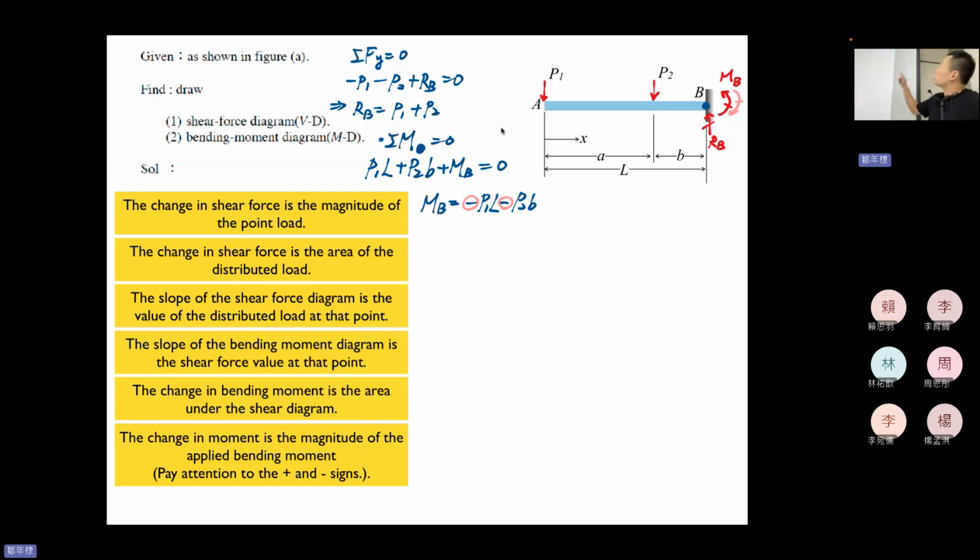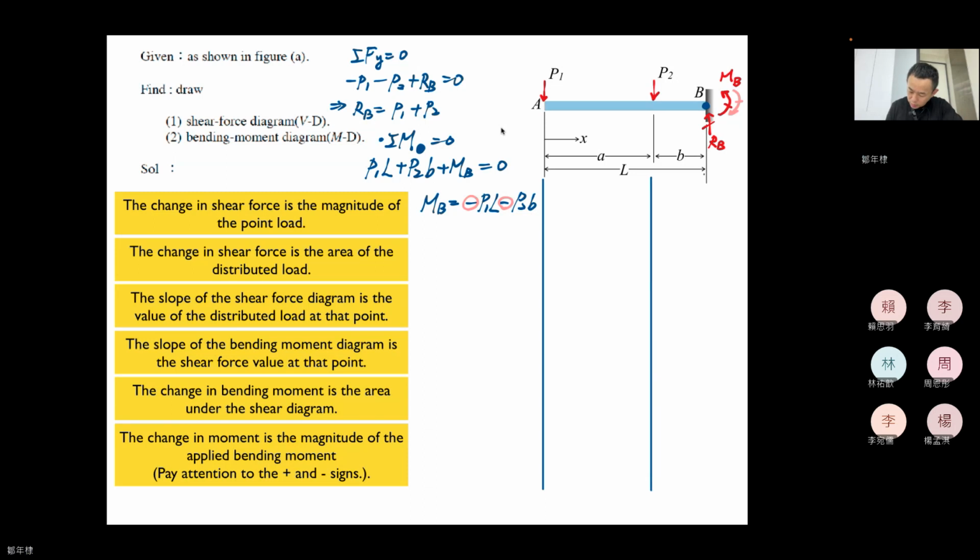So it should have a reaction moment in the clockwise direction. Right.